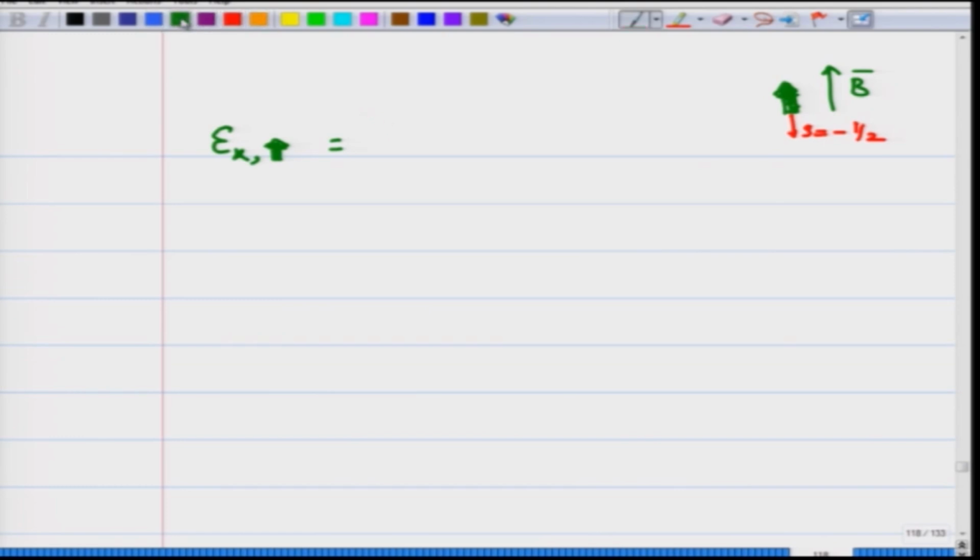So, the energy for this is written as h cross square k square by 2m minus mu B into B, where B is the strength of the magnetic field that you have applied.